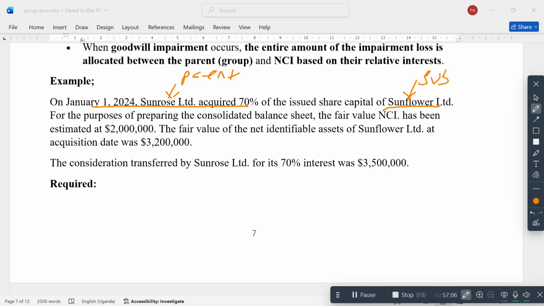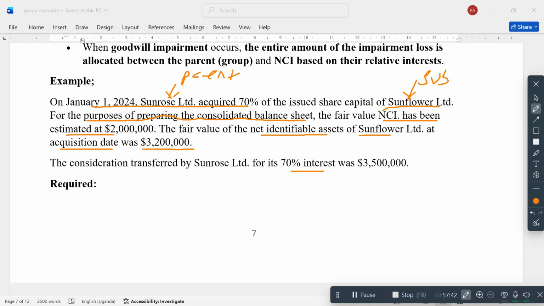For the purpose of preparing consolidated financial statements, the fair value of NCI has been estimated at 2 million. I told you they will give you the fair value of NCI. The fair value of the net identifiable assets of the subsidiary at acquisition is 3.2. The consideration transferred by Sunlaws Limited for its 70% shares was given.